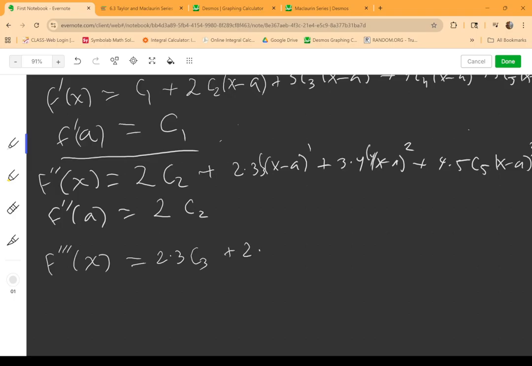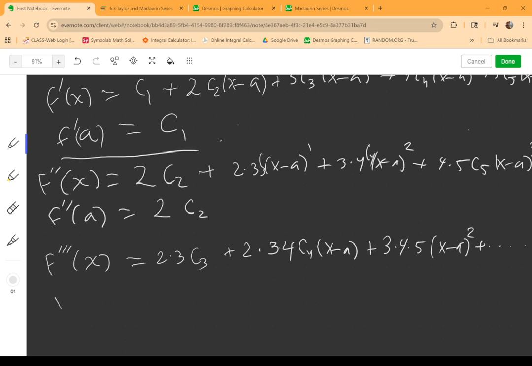And then plus 2 times 3 times 4 c4 (x minus a), plus 3 times 4 times 5 c5 (x minus a) squared, etc. We get more of these terms. Again, it's an infinite polynomial, so it just keeps going.